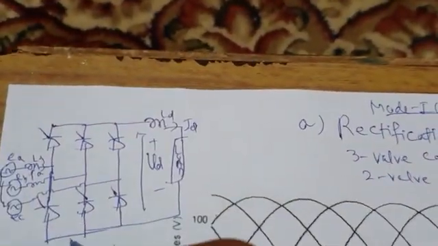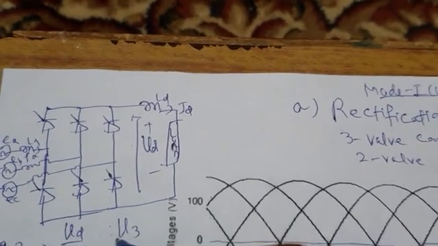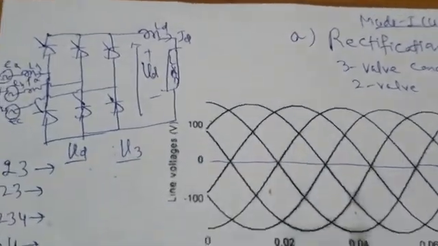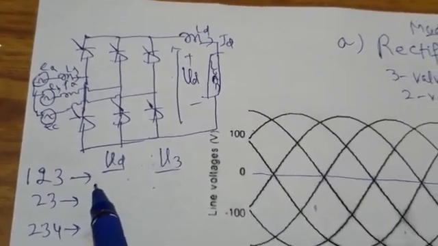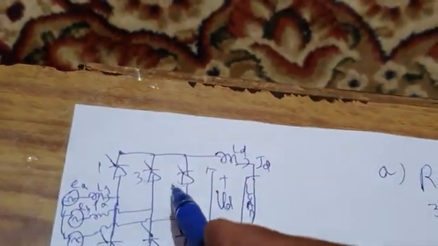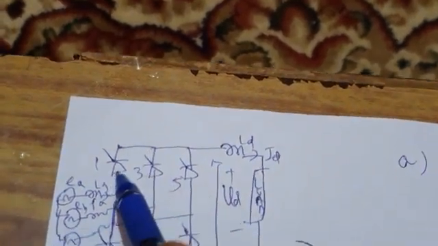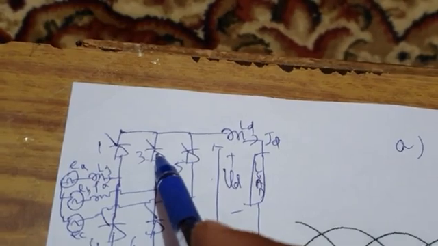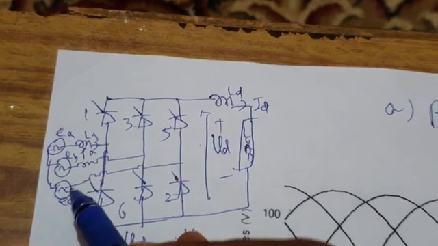Let me write load voltage VD in the first column and the valve voltage in the second column. When 1, 2, 3, I mean 3 valves, are conducting, what is your load voltage? You can see this is my 1, this is 3, 5. Let me label these valves 2, 4, 6. 1 and 3 are conducting. Which valve is not conducting? 5, and 5 is connected to phase voltage EC.